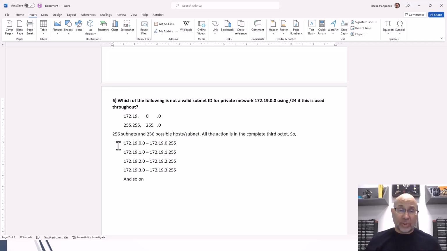It's really, really straightforward. And so it will go through all 256 possibilities to get the subnets, and they would all just be numbered according to what was going on in the third octet. So all you had to do was figure out which ones don't fit that model. And the one that didn't was that silly .16 in the last octet.